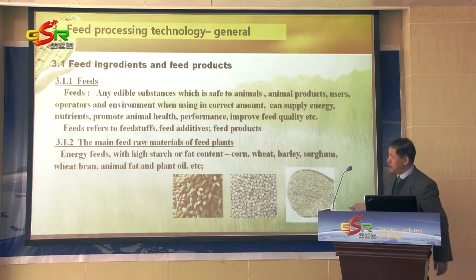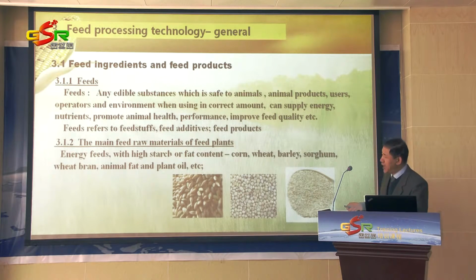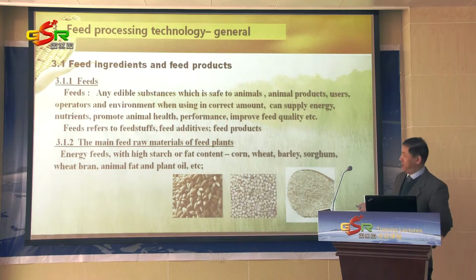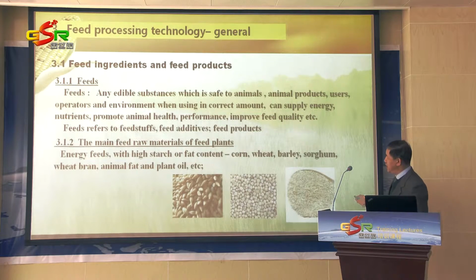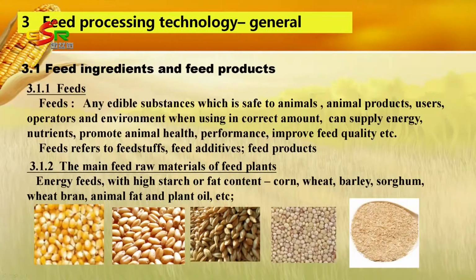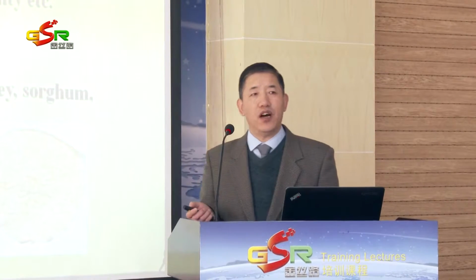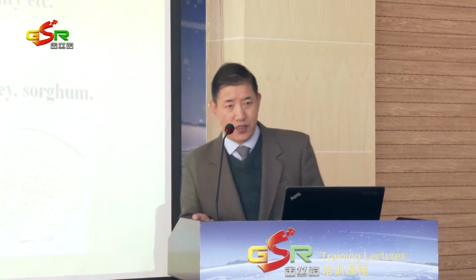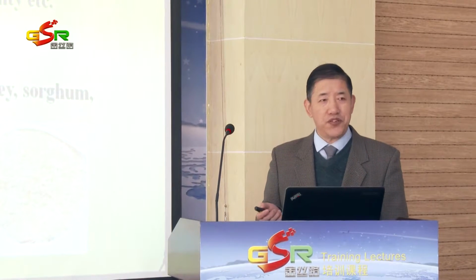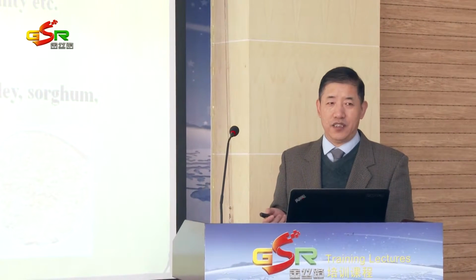This kind of feeds contain high starch content or fat content. For example, corn, wheat, barley, sorghum, wheat bran, animal fat, and plant oil, etc. All these are energy feed. In this feed, it contains less than 18% of crude fibers and less than 20% of protein content in dry matter basis.